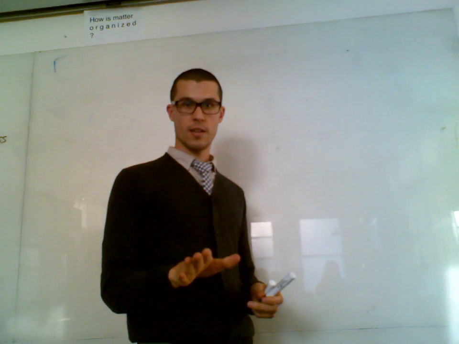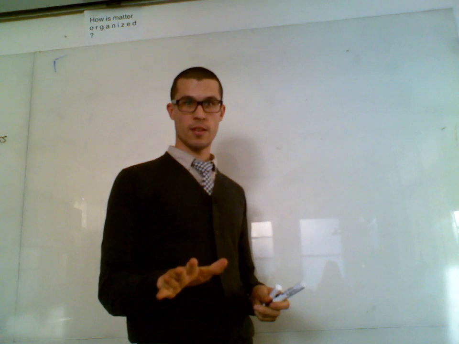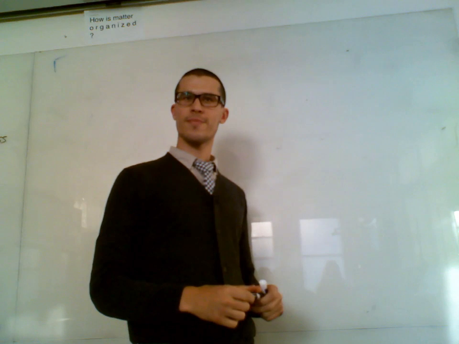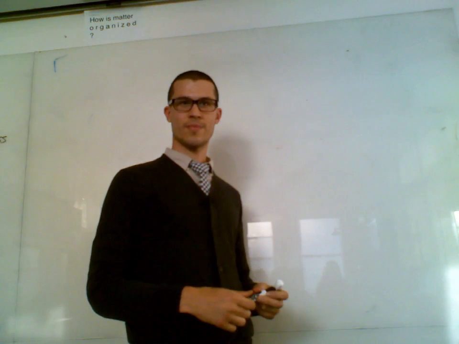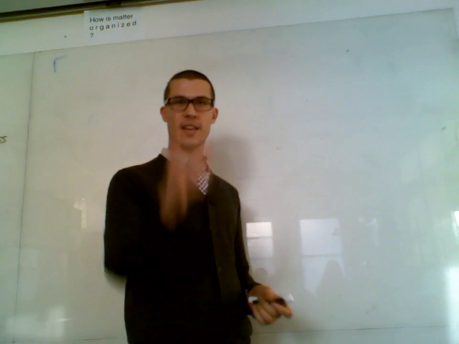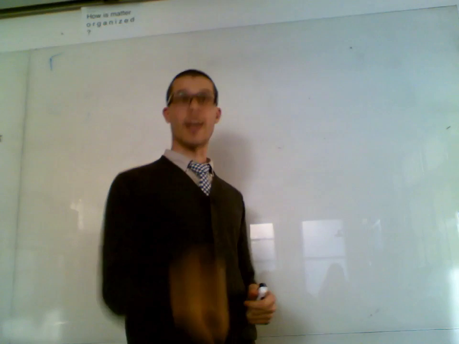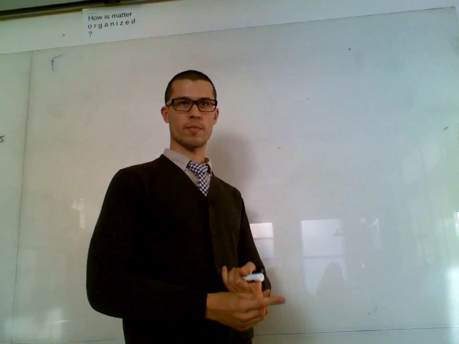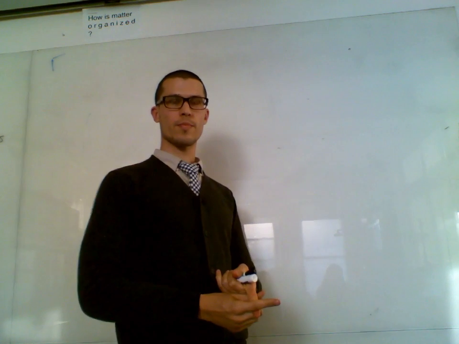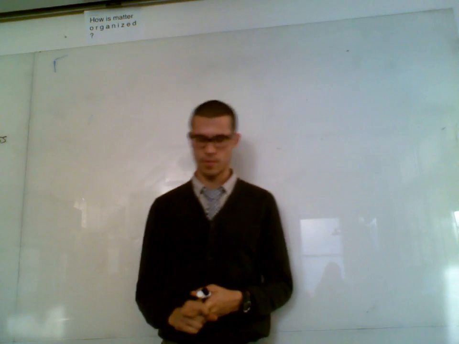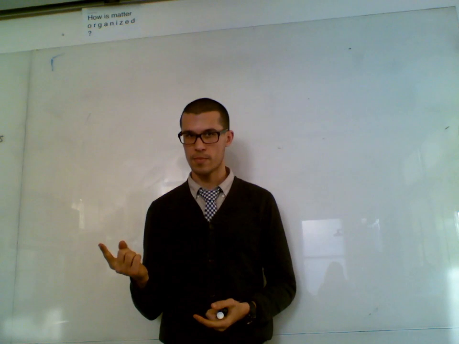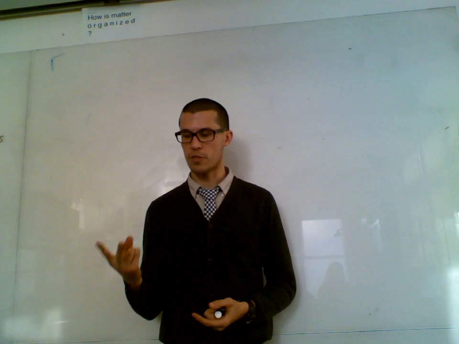Do we need to know the rules for an atom? Yeah, you definitely need to know that. Electrons are tiny, they fit into an atom, and they're negatively charged and smaller than atoms.